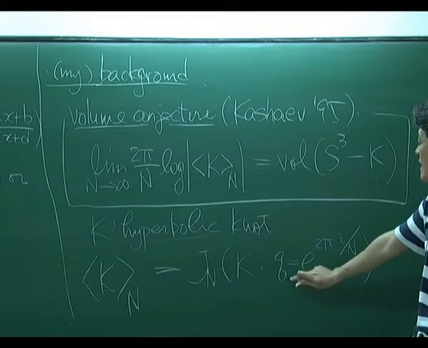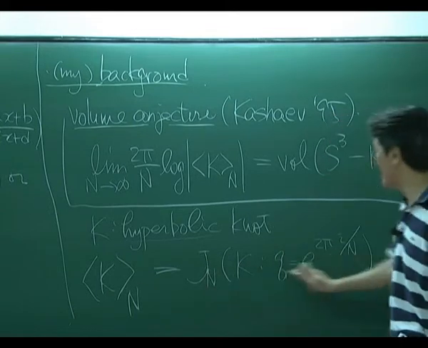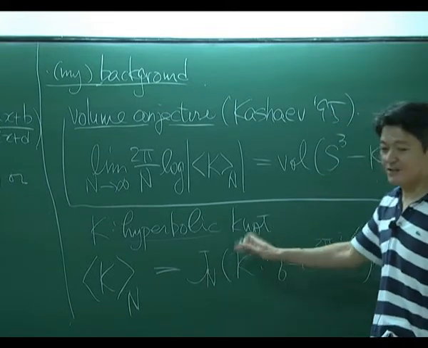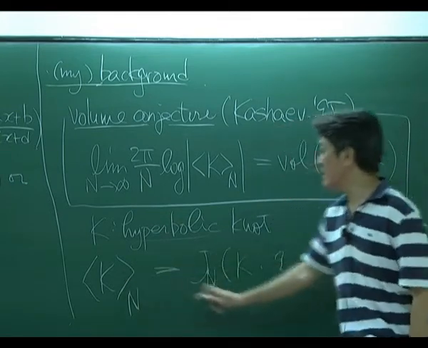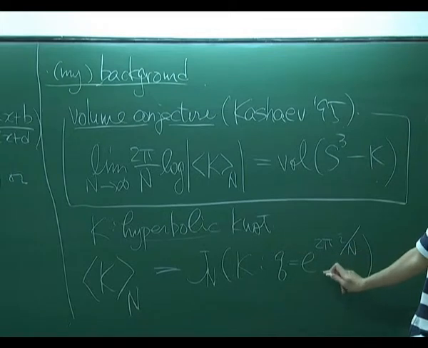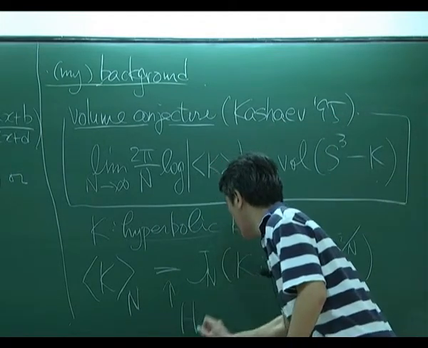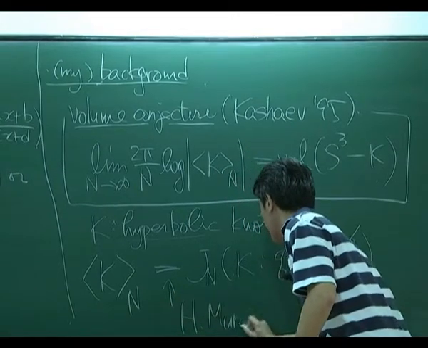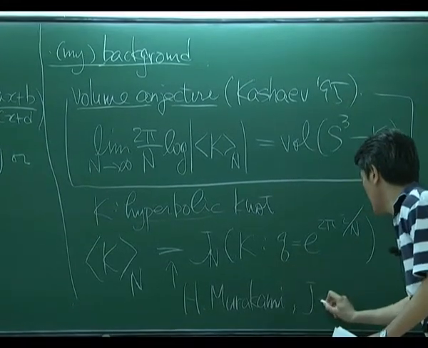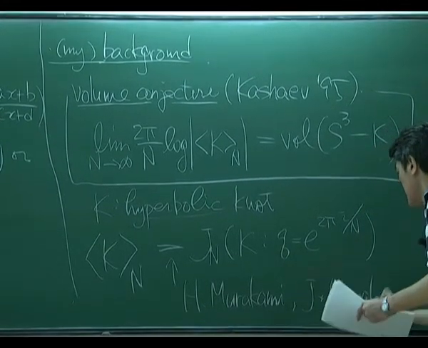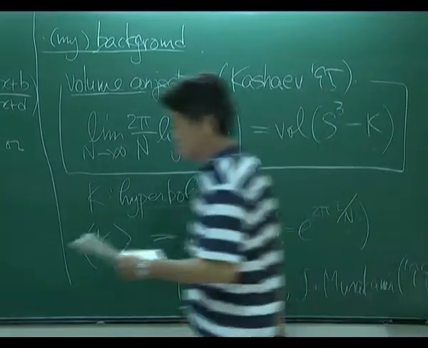Later I will explain what the colored Jones polynomial is, but the colored Jones polynomial is mathematically well established, and the Kashaev invariant is identified as a special point of the colored Jones polynomials. This is due to Hitoshi Murakami and Jun Murakami, '99.